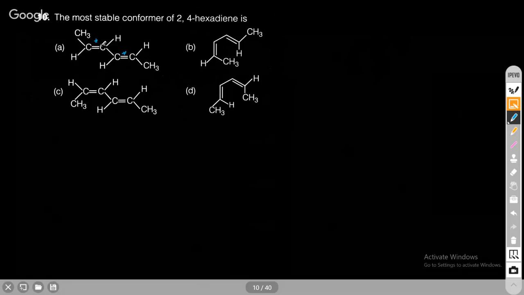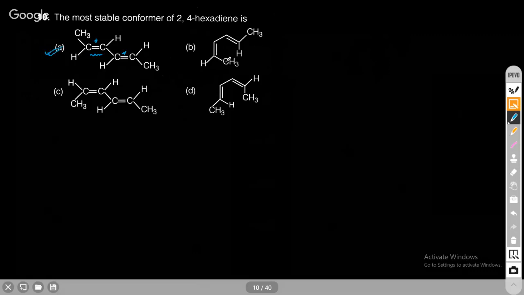Correct. The two stereo centers we have are across this double bond. If you see, the molecule is trans, right? Because the higher priority groups are on opposite sides. Trans, or we can also say anti, right? Anti would be better. Here also you see it is trans or anti, right? So across both carbon atoms we have trans or anti position. So it is most stable, with minimum steric hindrance, and hence it is most stable.